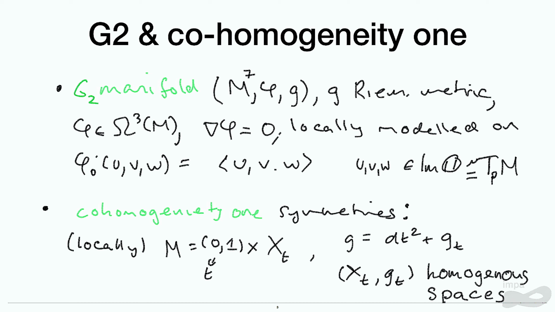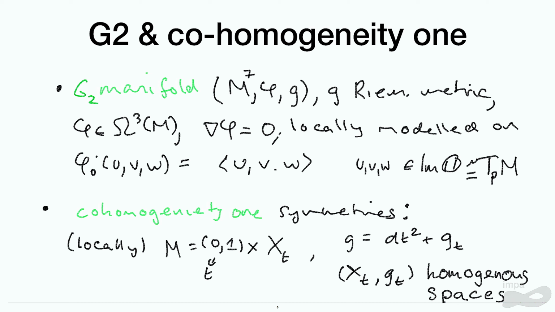I take three imaginary octonions, take the product with respect to the octonions, and then the inner product with respect to the Euclidean metric. That gives a 3-form, which you should prove for yourself.